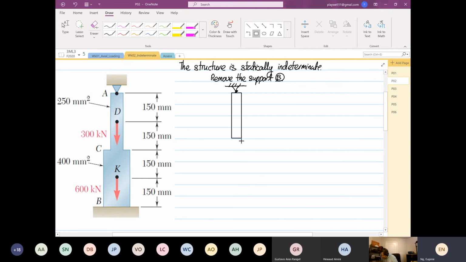So I'm going to draw it being stretched. This is just a sketch. Half of it is stretched this way, and then the other half is allowed to move.